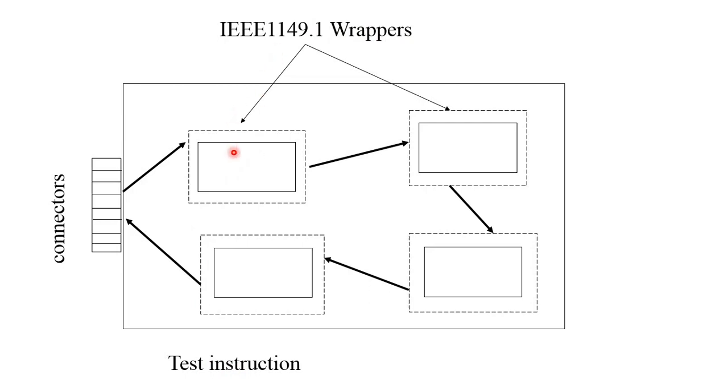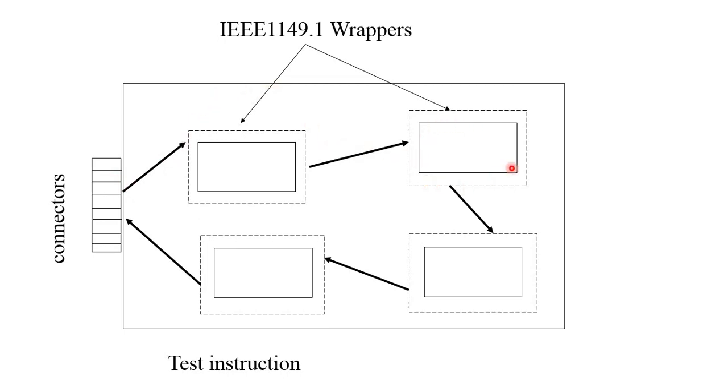If the test instruction is decoded, what type of test are we going to do? Here, if I feed my signal to test this IC, not these two ICs, this IC, I feed my signal serially. If this instruction is not for this chip, it automatically bypasses to the next one.